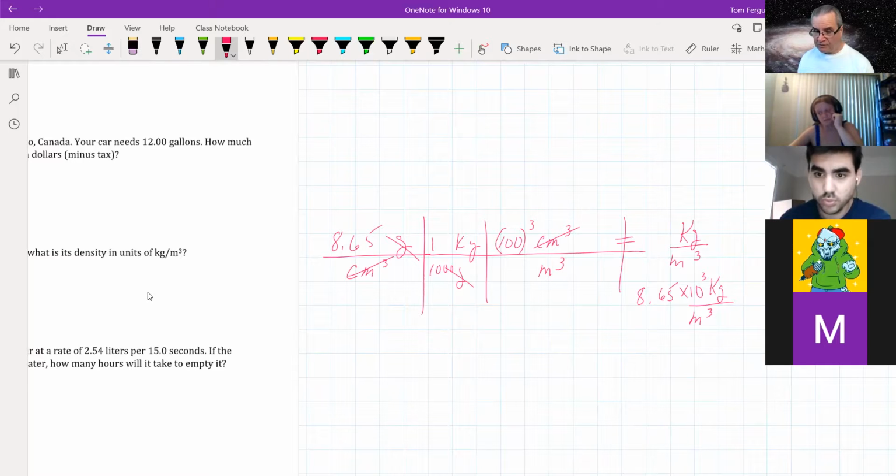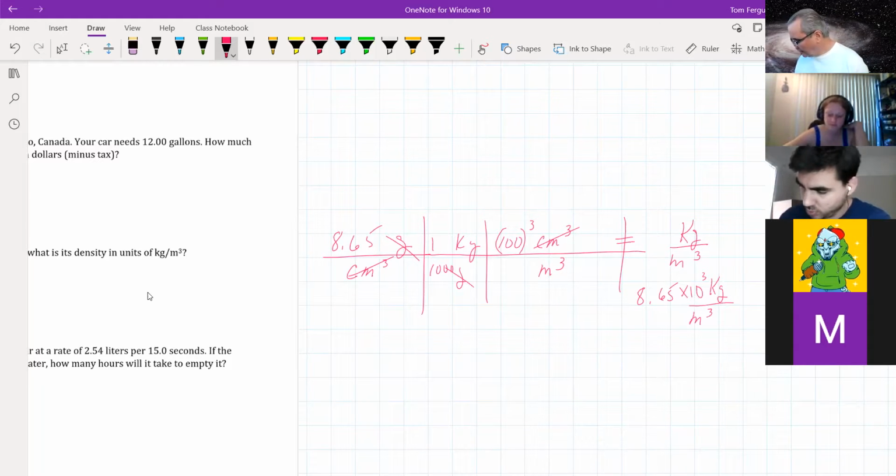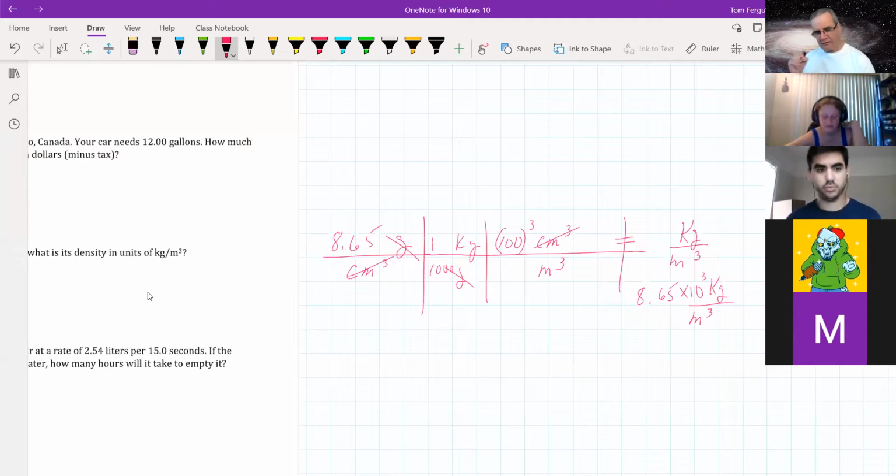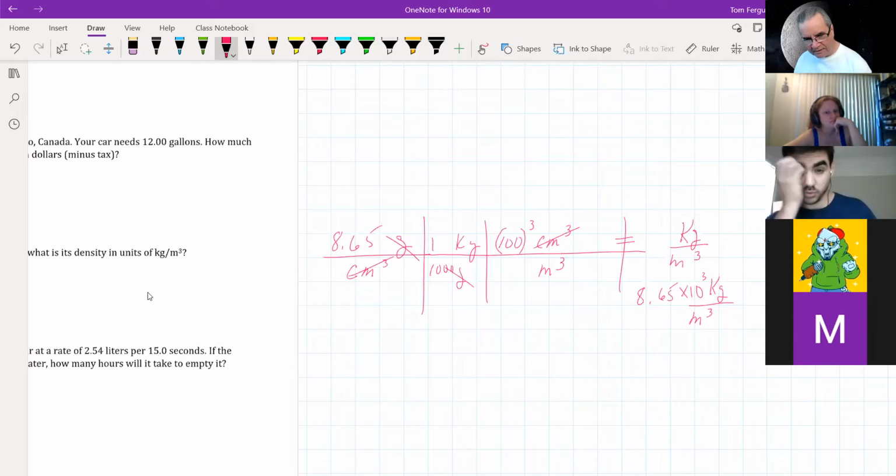Now, a cubic meter is really big. That's why that 8.65 times 10 cubed is so large. Okay, so in this case, what we're doing is converting a conversion factor to another conversion factor. So in that case, we still need to cancel what's given. So we need to cancel the grams and the cubic centimeters.